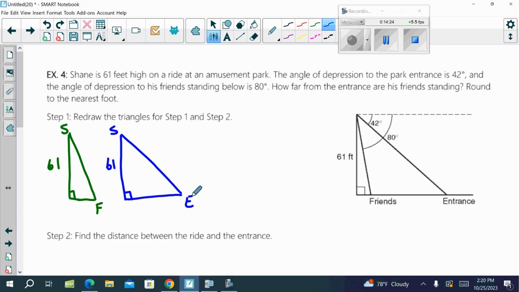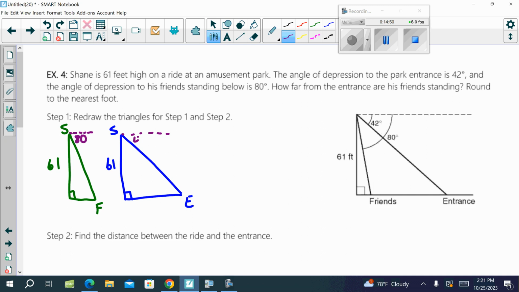Okay, so we know that from Shane to his friends was what angle of depression? To his friends was 80. So we know that angle is 80 there. And then from Shane to the entrance, what was that angle of depression? 42.